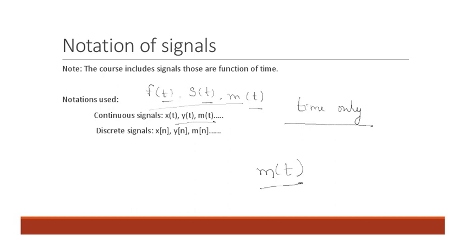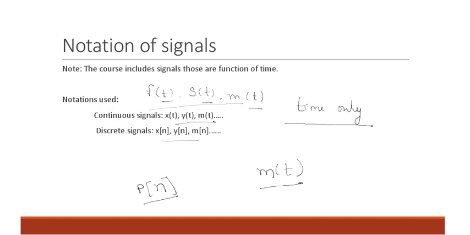And for a DT signal, we'll be using the independent variable n with square brackets and the name of the signal. Maybe the name of the signal is P. So we'll be using square brackets for a DT signal, and parentheses, circular brackets, for a CT signal.